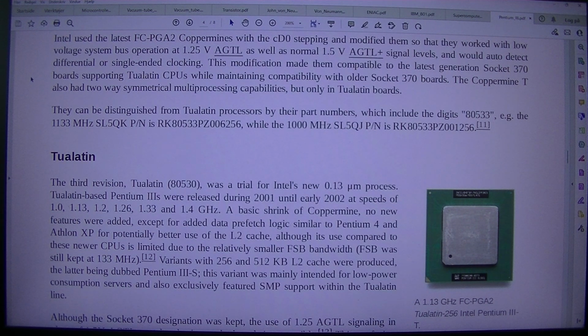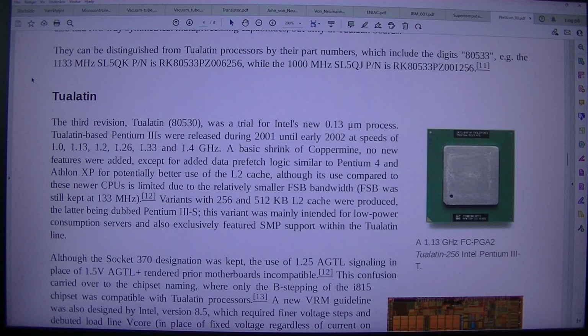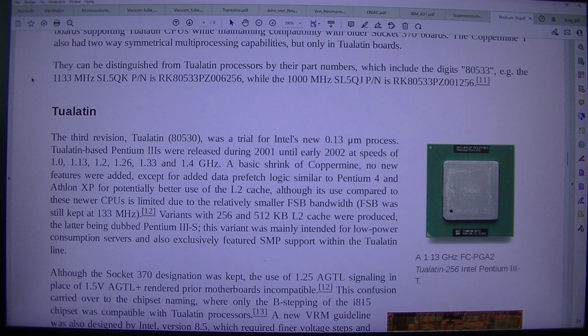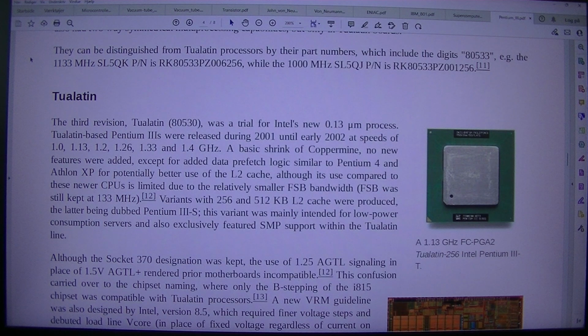The Coppermine T also had two-way symmetrical multiprocessing capabilities, but only in Tualatin boards. They can be distinguished from Tualatin processors by their part numbers, which include the digits 80533.